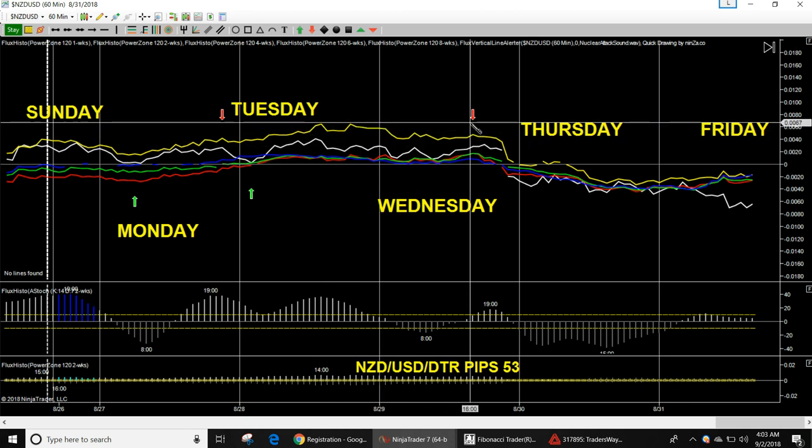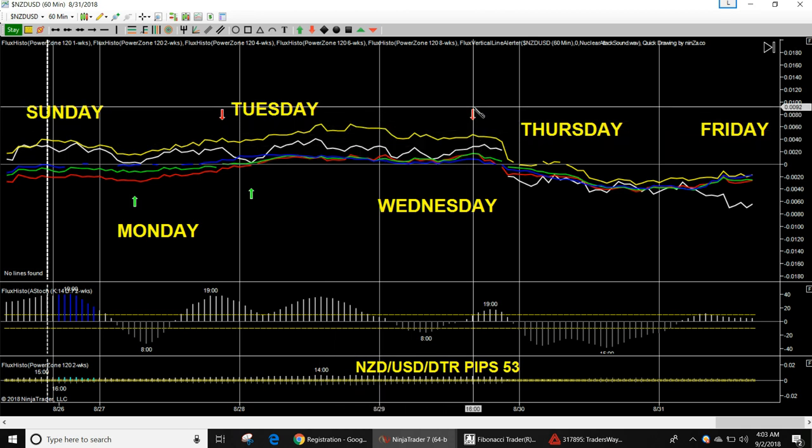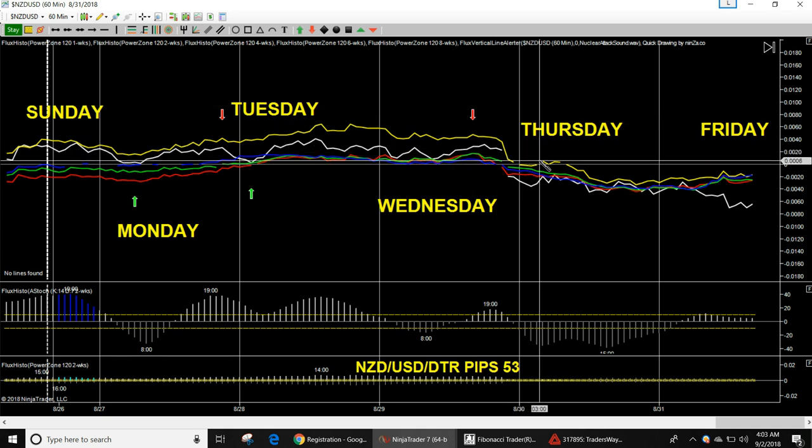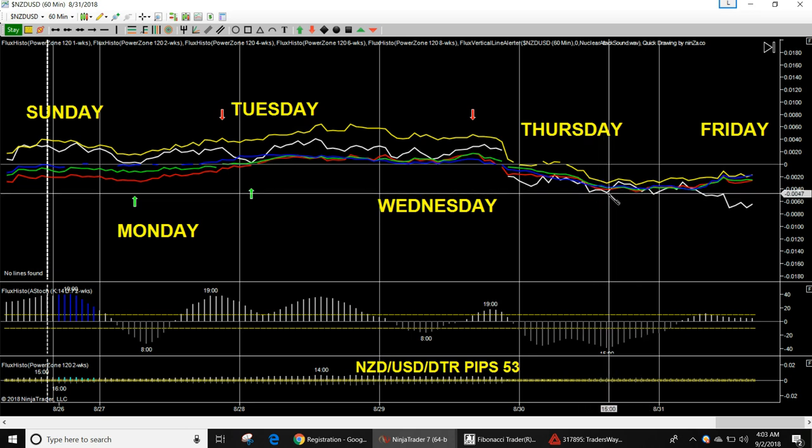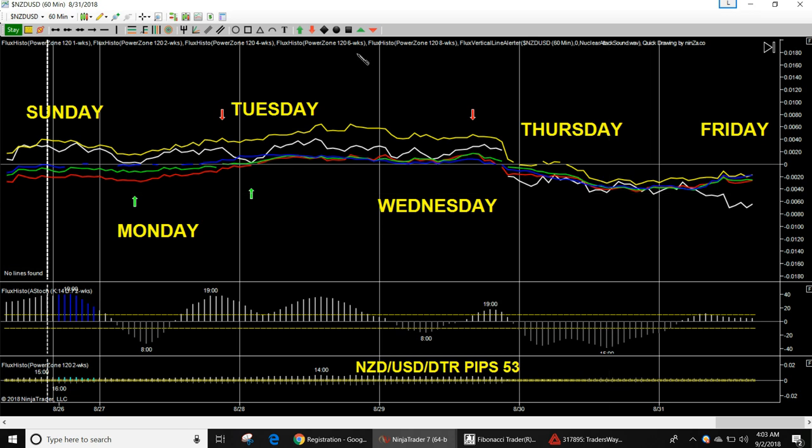And looks like it's just gonna roll right back over. Not really doing much. Best opportunity on Wednesday is gonna be here at 1600, look for a short on the New Zealand US dollar into probably right here, 1500 on Thursday.